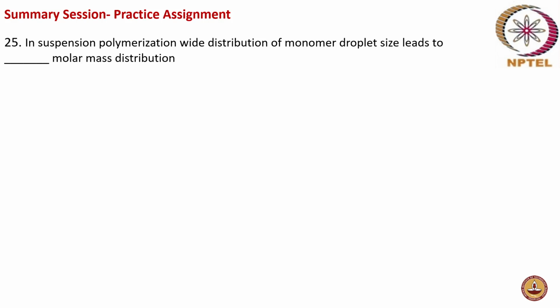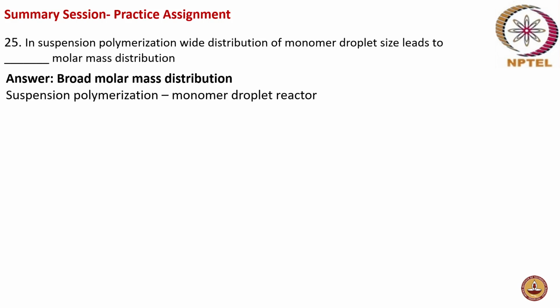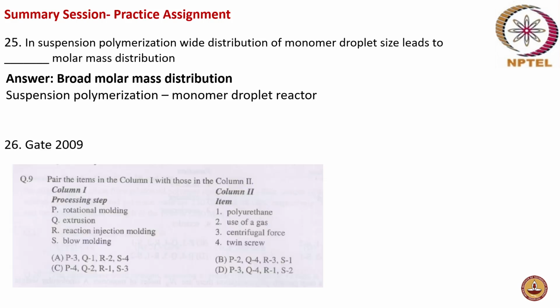Yes, it will have a broad molar mass distribution, because in suspension polymerization the monomer droplet is the reactor actually. So if the droplet size varies widely, each droplet will create a polymer of a particular molar mass. Since the droplet size distribution is high, the molar mass distribution will also be high.